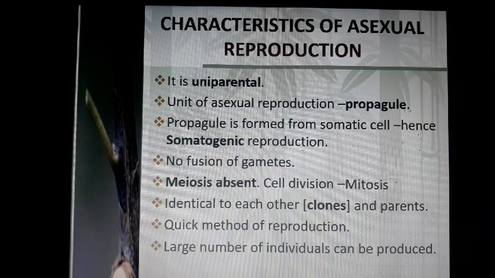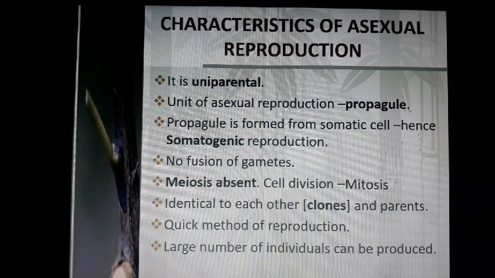Keeping these points in mind, we can always compare sexual reproduction with asexual reproduction. For example, here it is mentioned that asexual reproduction is uniparental, but sexual reproduction is always biparental because there is involvement of two sexes, male and female.